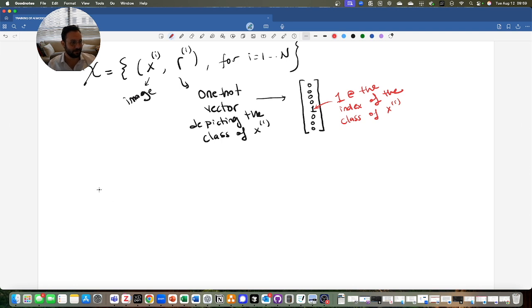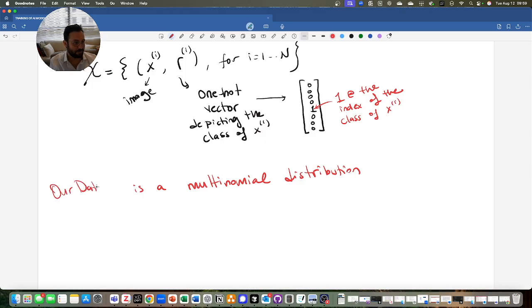The likelihood, let me write, it is a multinomial distribution. What is it? My data set. Our data set is a multinomial distribution, right? So that's the one premise.